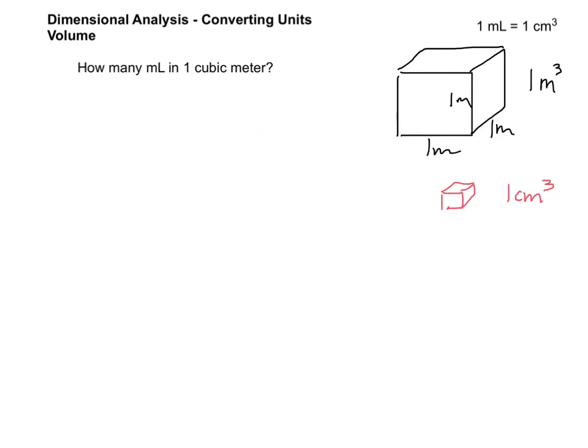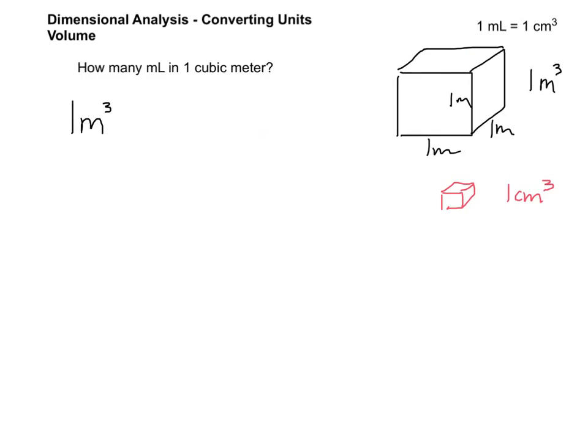Now in our problem, we're asked to start with 1 cubic meter and get into units of milliliter. And I've included here for you the fact that 1 milliliter is equal to 1 centimeter cubed. So let's start the problem by writing what's given. We'll write 1 cubic meter in shorthand form.